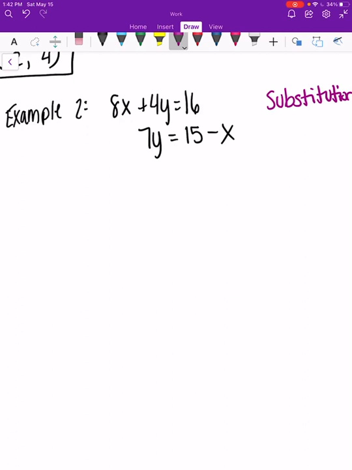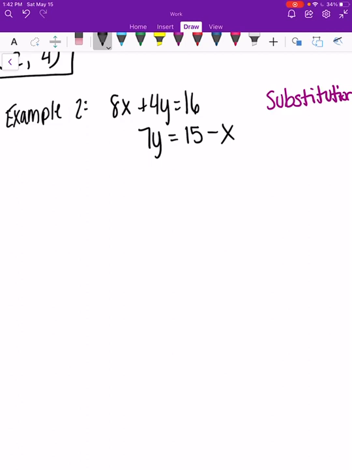I want to solve my second equation for x or for y. I'm actually going to solve it for x because x doesn't have a number in front of it. So bear with me. This is just one way to do it. There's a lot of different ways to solve this system. This is just how I would do it. So I'm going to solve for x.